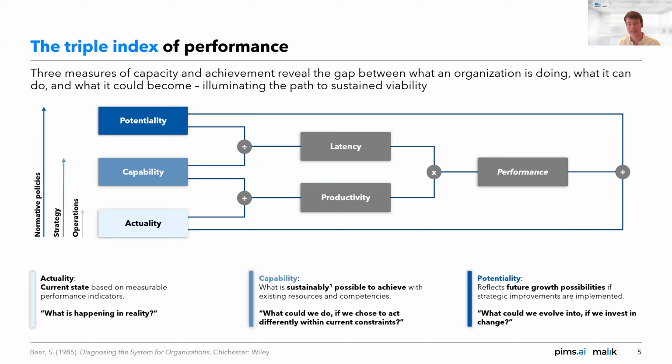So if we take profitability, for example, if my actuality is lower than my capability, I am underperforming against my own strengths. So there's money left on the table. However, we also say that actuality can be above capability. Now, if you take purely a piece of equipment that you're running to capacity, that's not possible.